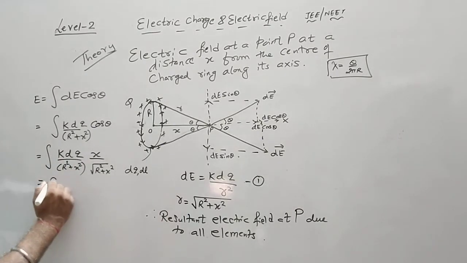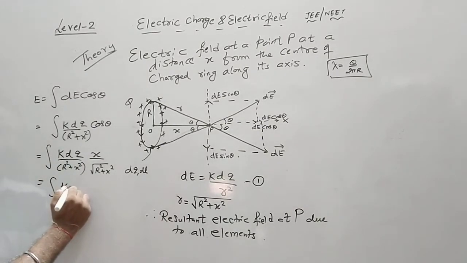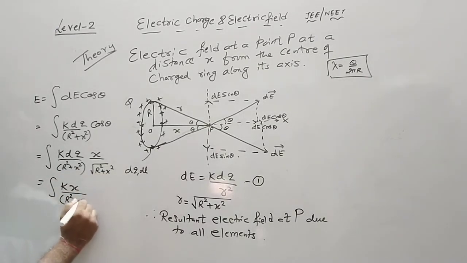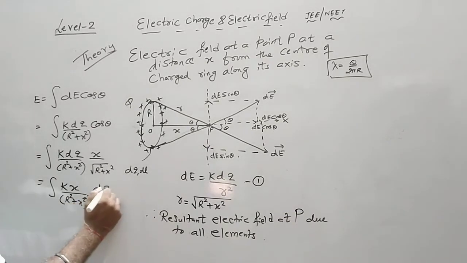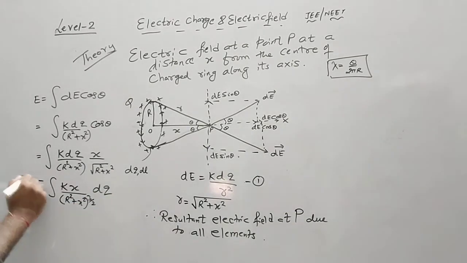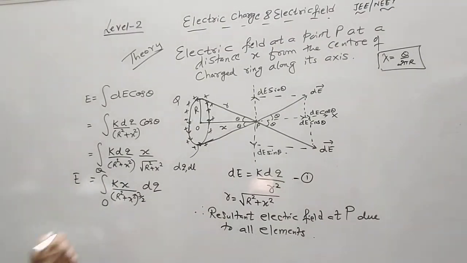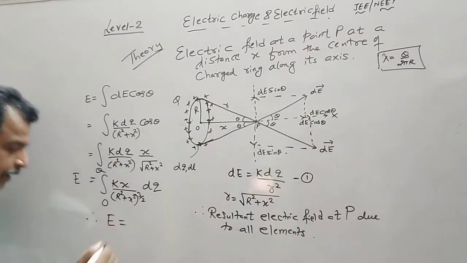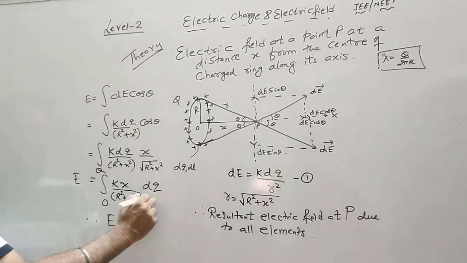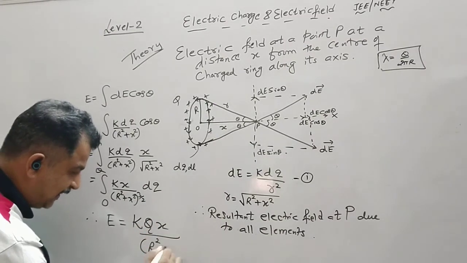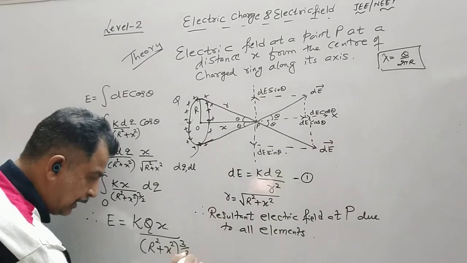Therefore, this is equal to k x upon R square plus x square raised to 3 by 2, dq. So our limit becomes 0 to, say, capital Q, if Q is the total charge on the ring, and therefore E can be written as k integration of dq is Q, x upon R square plus x square raised to 3 by 2.